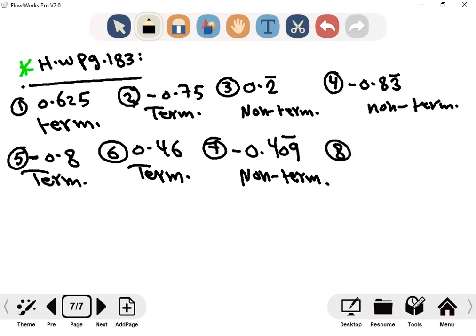Question 8, 0.7083, and the 3 is repeated, right? So here it is non-terminating.